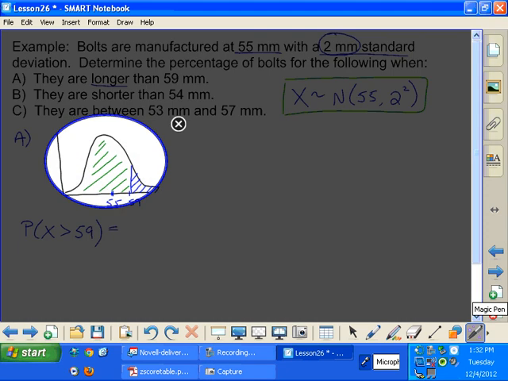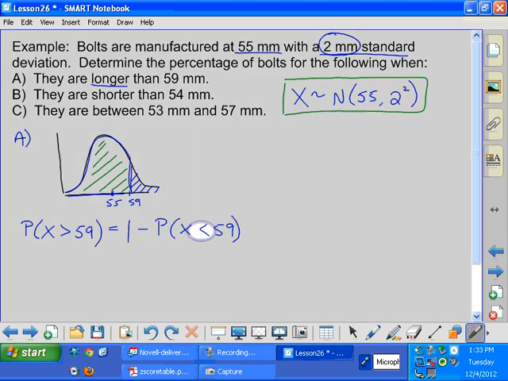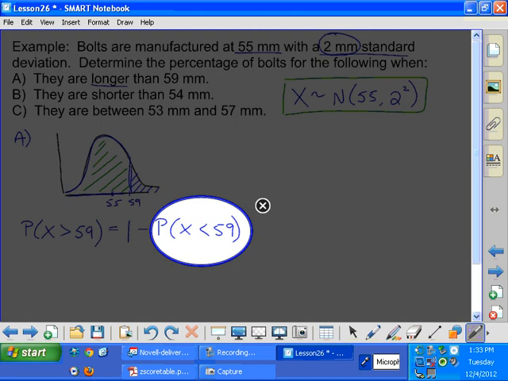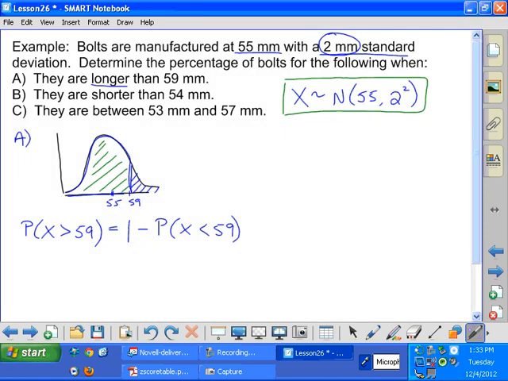The chart tells me this area, so I need to take the whole area and subtract the probability of x being less than 59, because I want the area above that. I can find this in my Z-score table, and if I take it away from 1, what's left over is what I need. So off to the side, for A part, I have to find a Z-score.